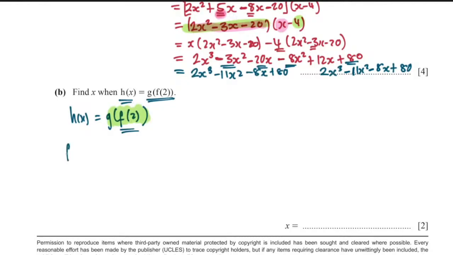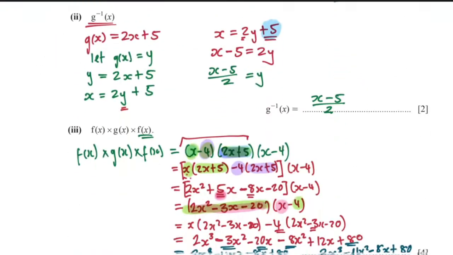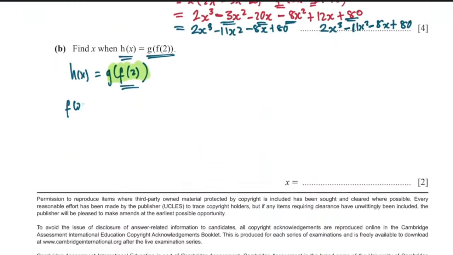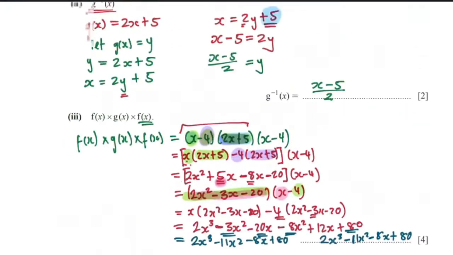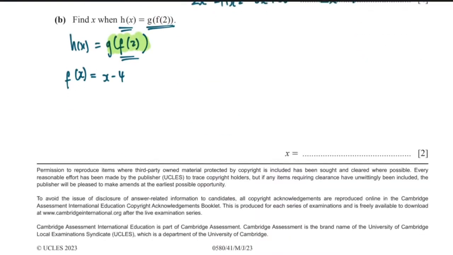So you're going to say, to get f of 2, we need f of x. F of x is x minus 4. Now you find f of 2, which is 2 minus 4, which is negative 2.